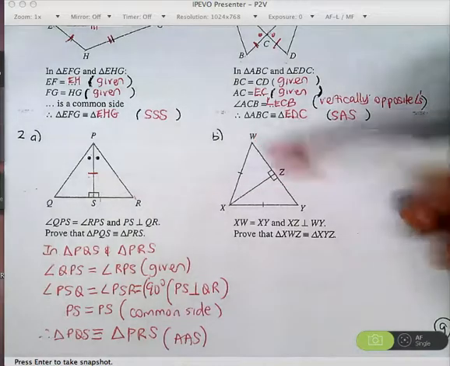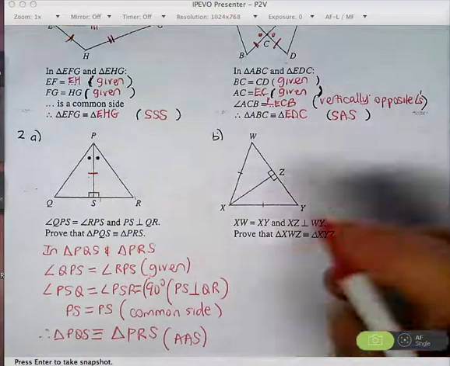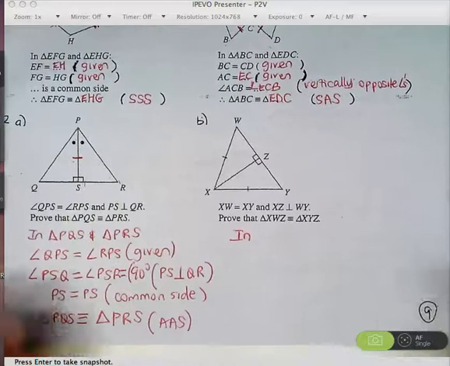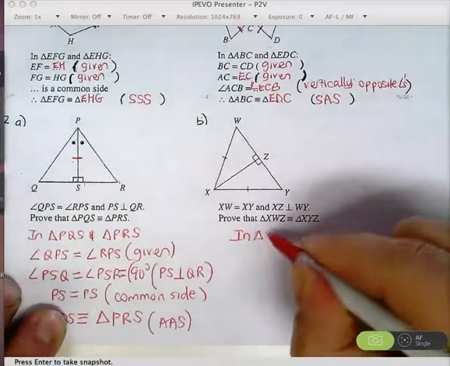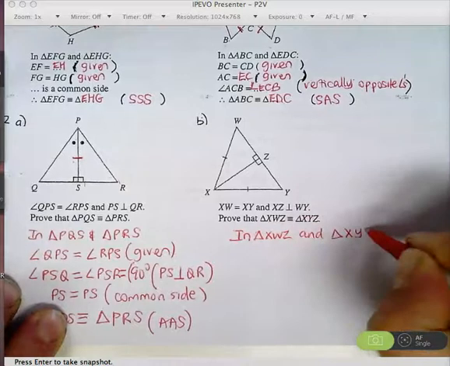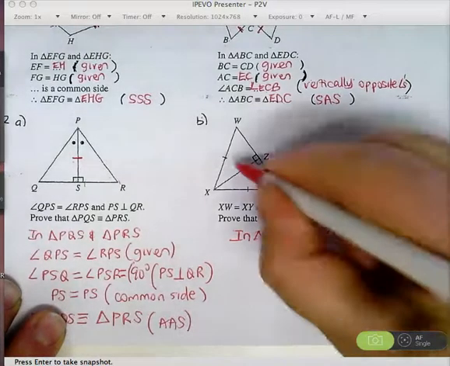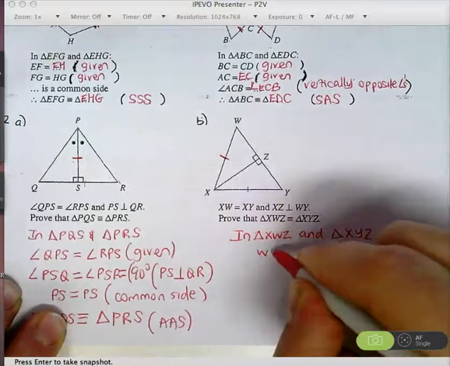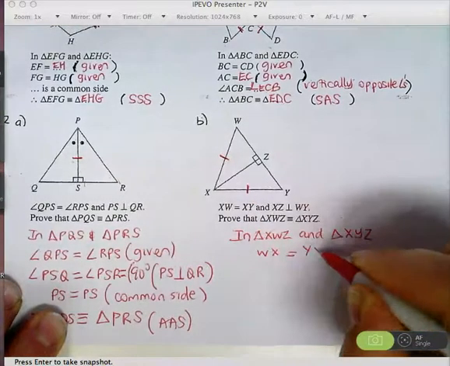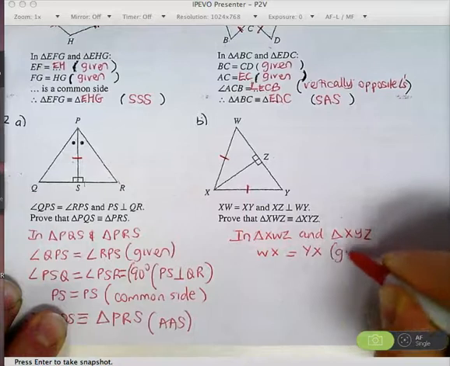is perpendicular to WY. So let's start off by stating the triangles that we're working in. In triangle XWZ and triangle XYZ, we know that WX is equal to YX, and that was given.